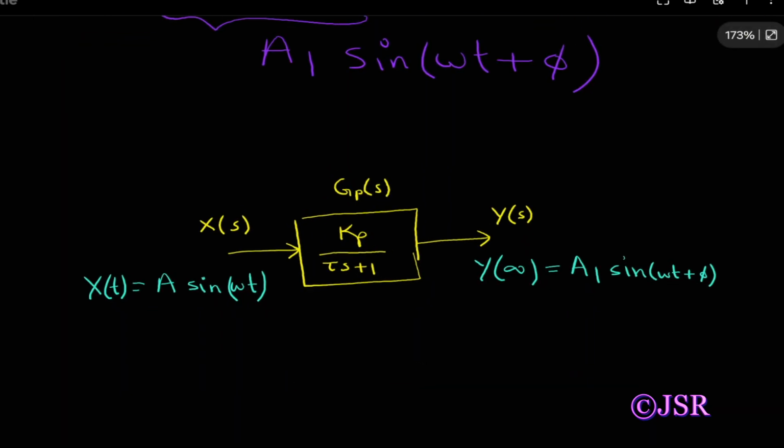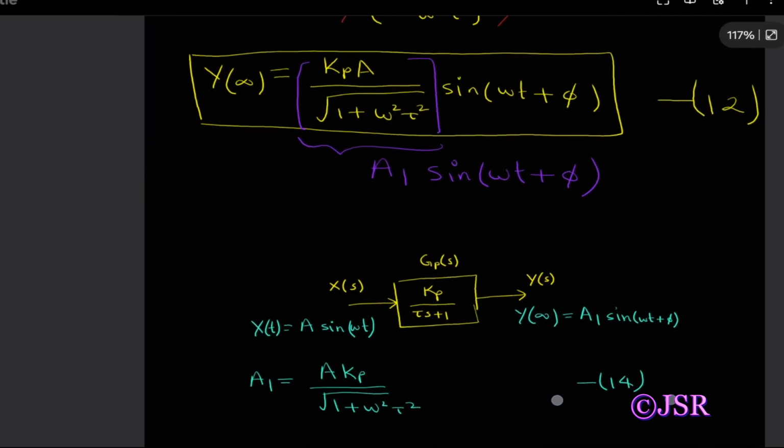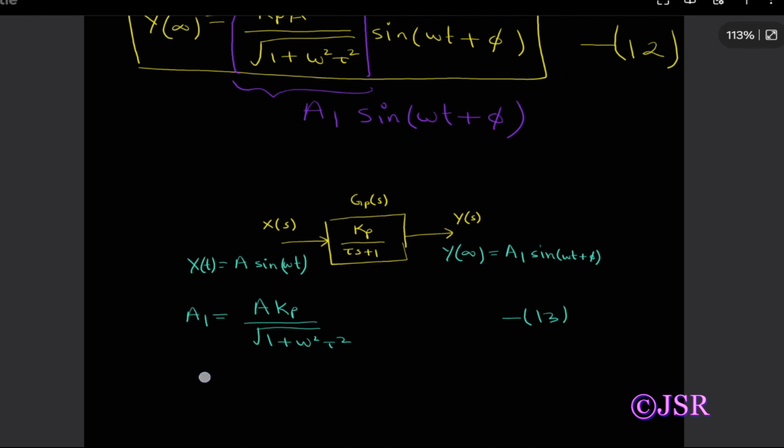And this amplitude will be given by A Kp upon under root 1 plus omega square tau square, and this is equation number 13.